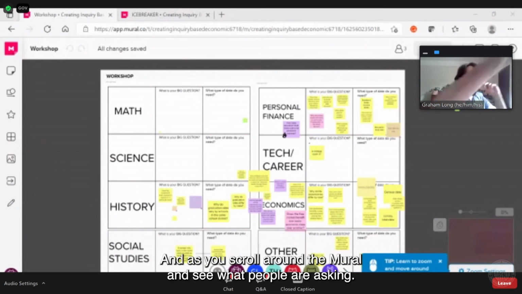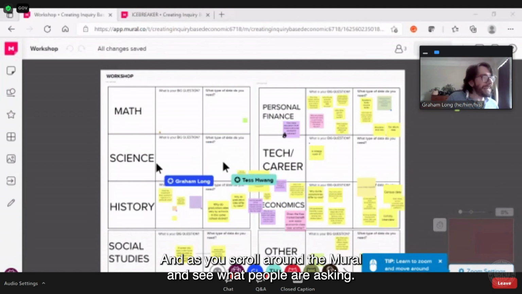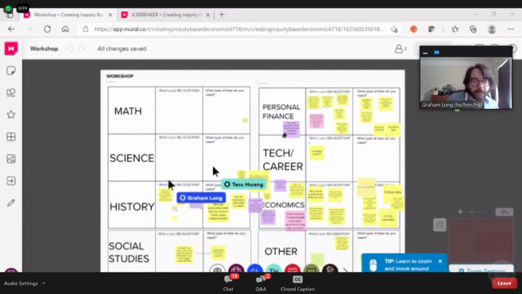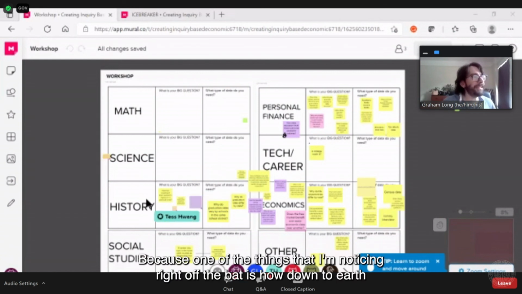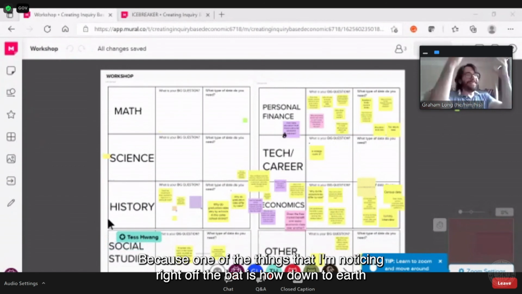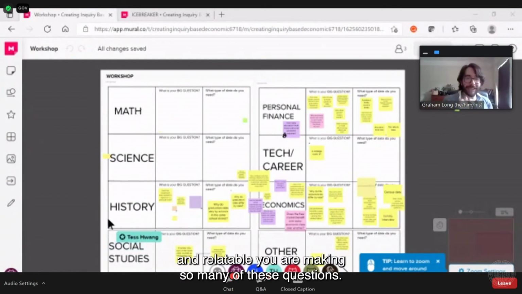As you scroll around the mural and see what people are asking, I think this is awesome. One of the things I'm noticing right off the bat is how down to earth and relatable you are making so many of these questions.